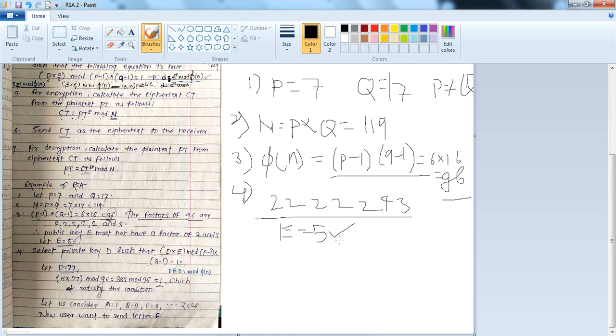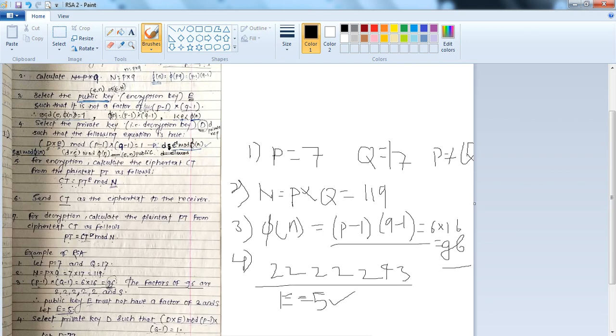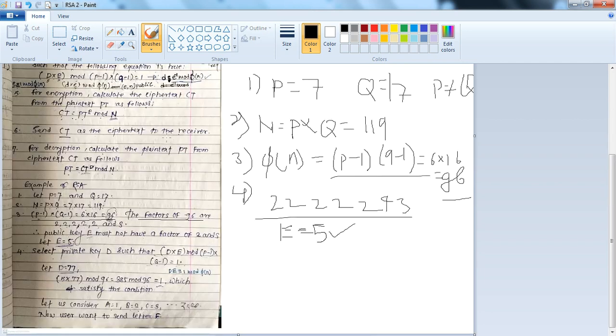Which again must satisfy the conditions said in the algorithm steps. Here are some other conditions. The GCD of E and phi of n is 1.